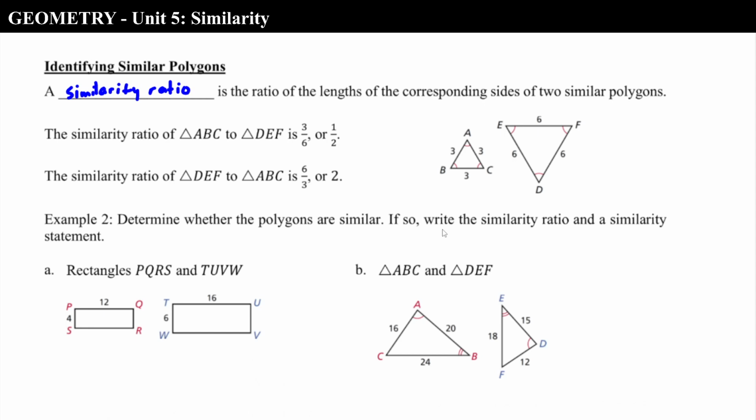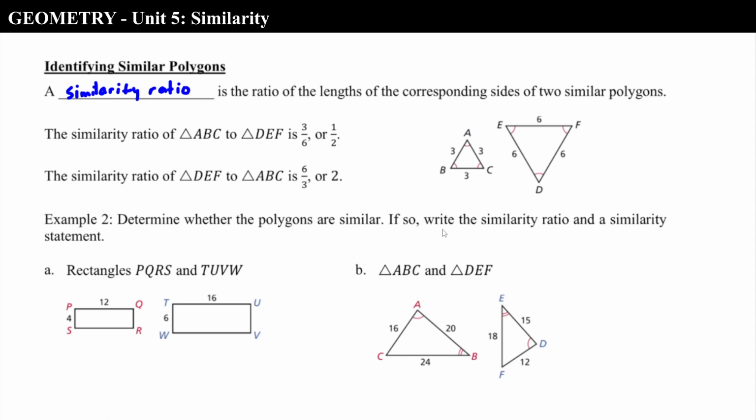So in this example here, the similarity ratio of ABC to DEF, going from the small to the large one, is 3 to 6, or 1/2. The similarity ratio DEF to ABC is 6 to 3, or 2. Okay?